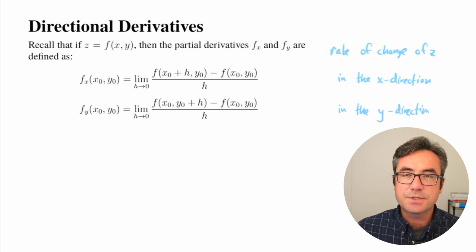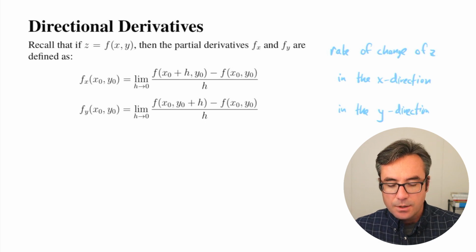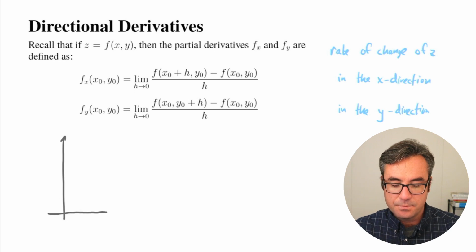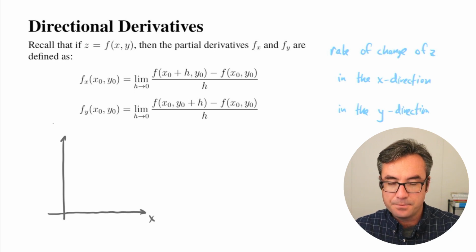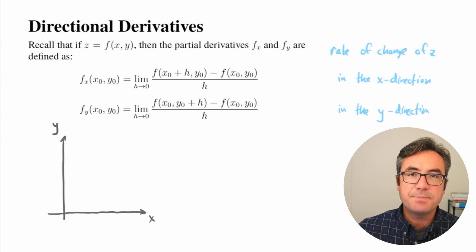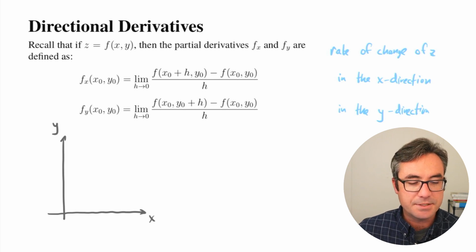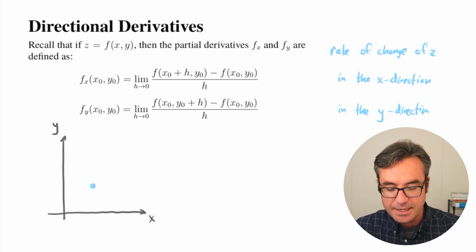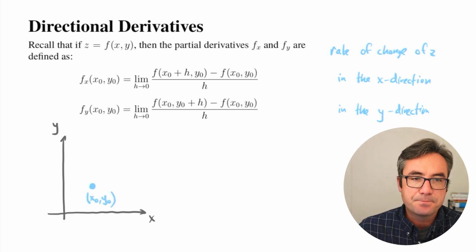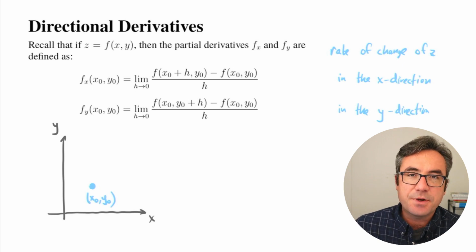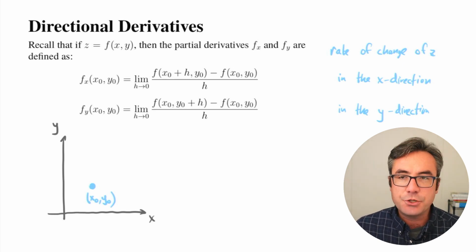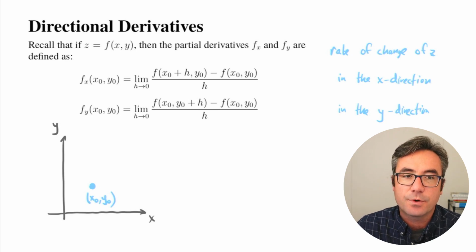So to picture what's going on, let's imagine our xy plane. And let's pick an arbitrary point somewhere on the plane here. So let's call this point x0, y0, just some arbitrary point. And at that specific point, we have two directions that are inherited from the grid system.